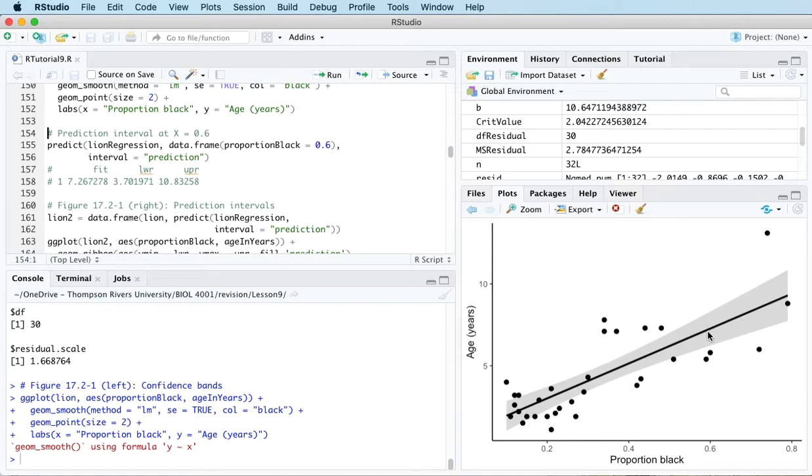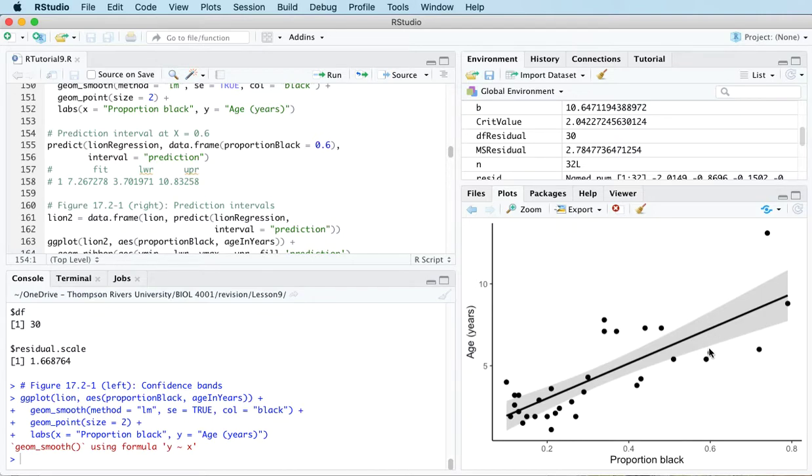But when we average that out, our uncertainty about where the mean age is for that subset of lions is expressed with this interval here. So we're 95% confident that the mean age for that subset of lions is in this range here.